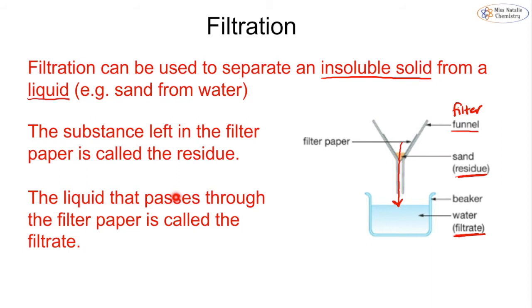So our residue is what's left in the filter paper, whether it's sand or any other insoluble solid, and the liquid that passes through is known as the filtrate. Make sure that you can draw that out, of course making sure that you use a ruler for any of your chemical drawings as well.